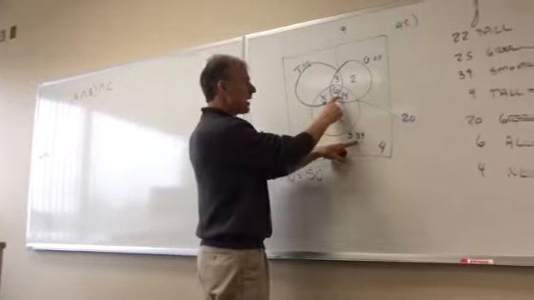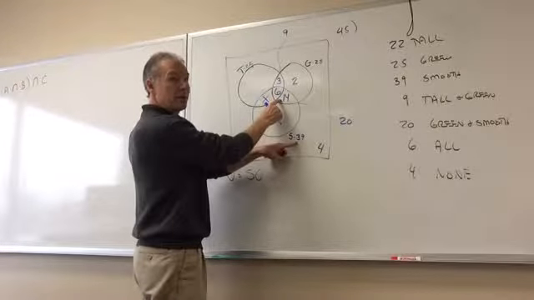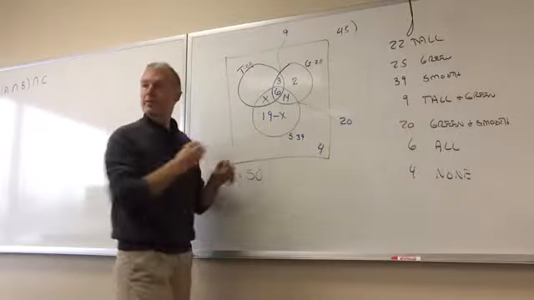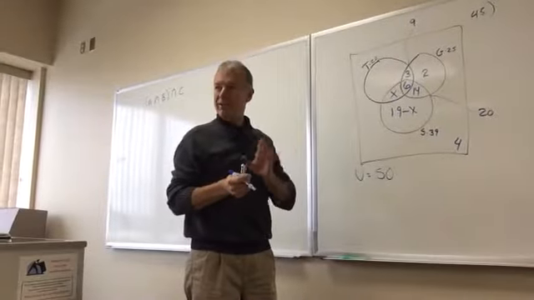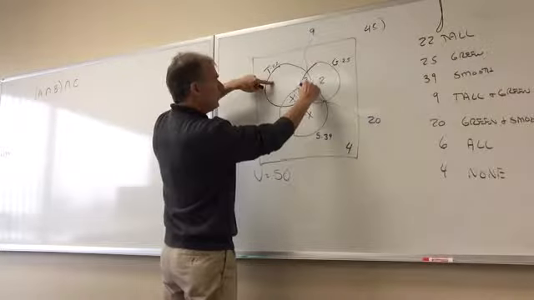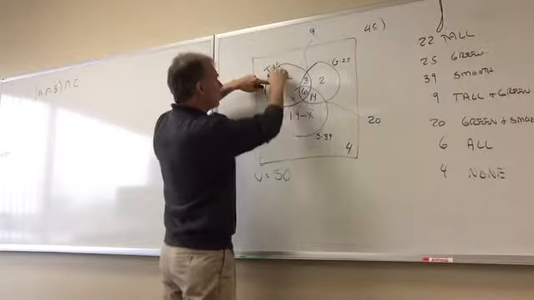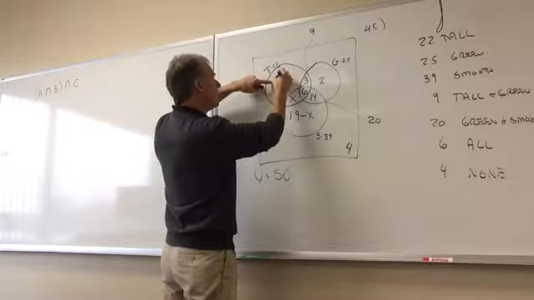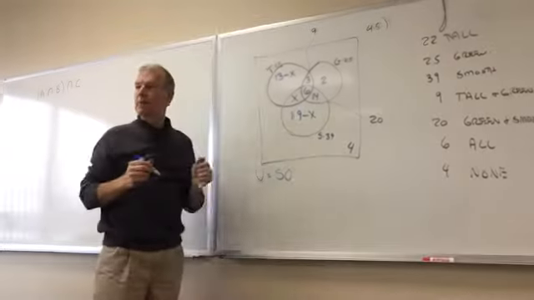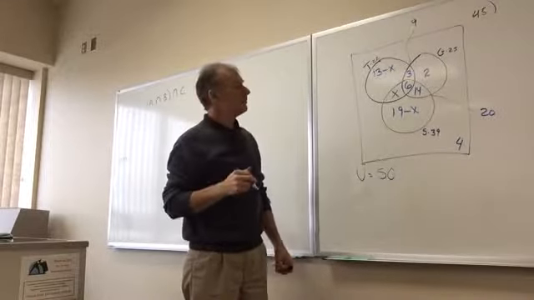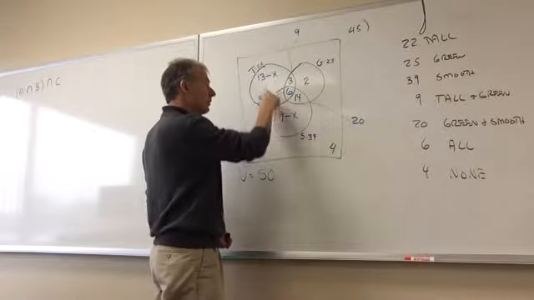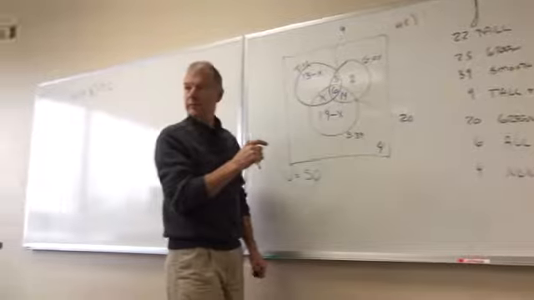If I take 39, subtract 20, I'm at 19, right? 19 minus X, okay? Which isn't as satisfying as a real number, but it's still something we can hang on to, right? And if I come up here, there's 9 there. So 22 minus 9, so I'd have 13 minus X, correct? Okay. Now, notice that we have a number now in every, or a variable, every different region. Is that right?